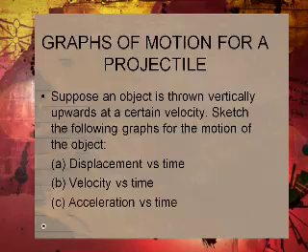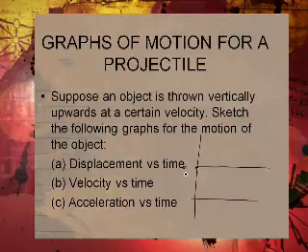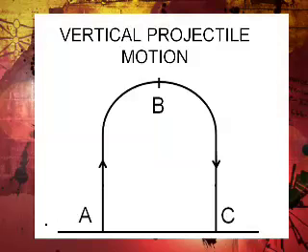Now, acceleration versus time. What we see here is that the acceleration is the same. It doesn't change. All objects experience the same acceleration, which is acceleration due to gravity, g, 9.8 meters per second squared. So it doesn't matter how long we look at it, it will always be experiencing the same acceleration, which is acceleration due to gravity.